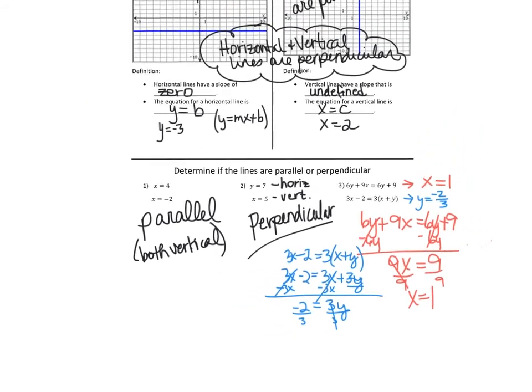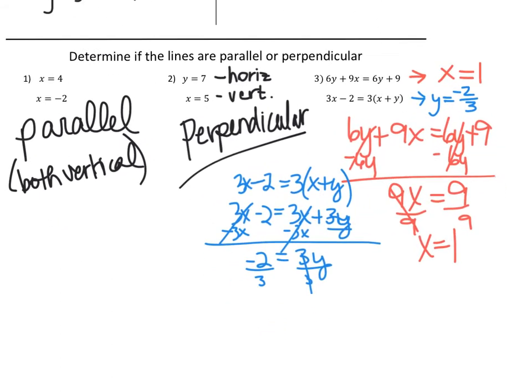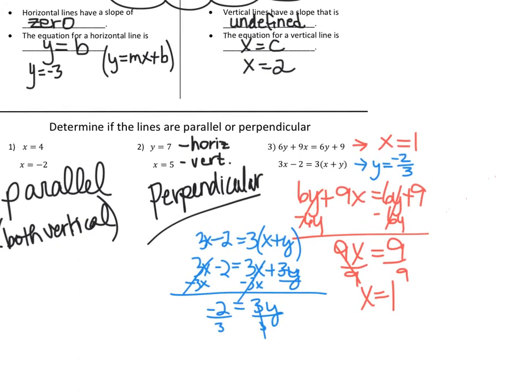Okay, so what do we have here? x equals 1 is the one that goes through the x-axis at the 1, and the y equals negative 2/3, so it's below the 0, but it still only crosses the y. Those are also perpendicular. Exactly.